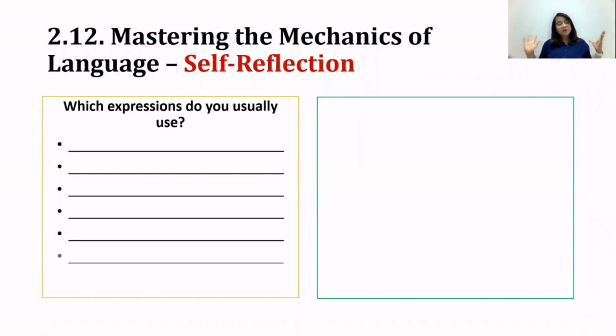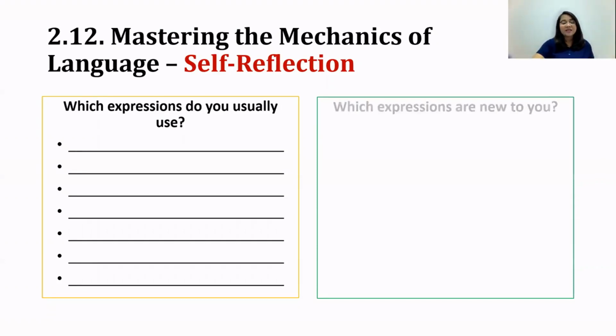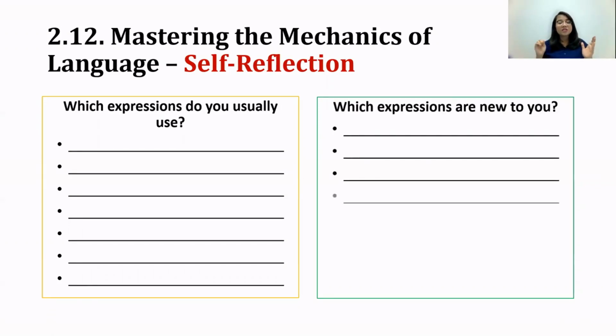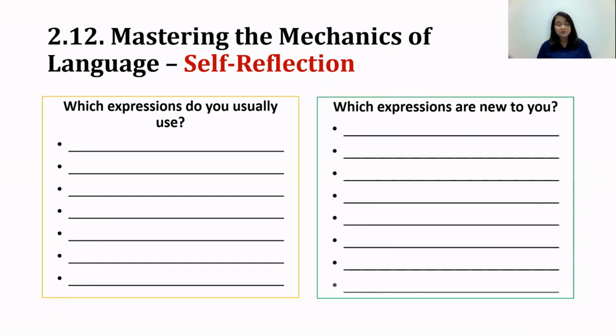From all the expressions that we have covered in the previous slides, which expressions do you usually use? Maybe there are some phrases that I showed you that you have used many times in your presentations. So what are they? List them down. And then the next question is, which expressions are new to you?